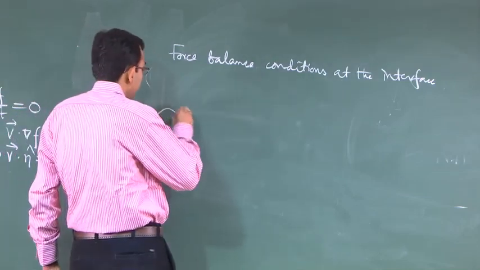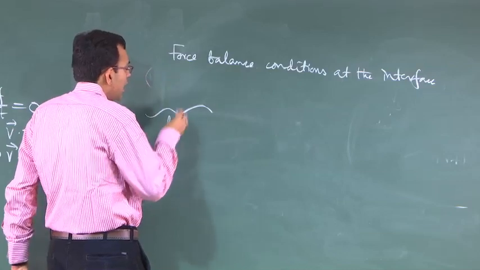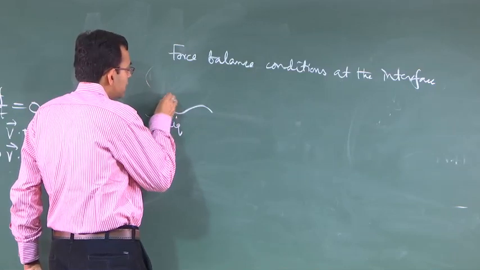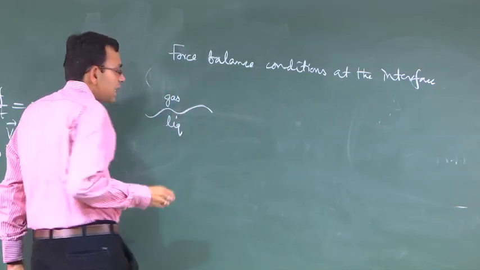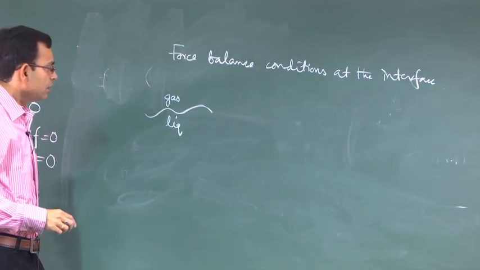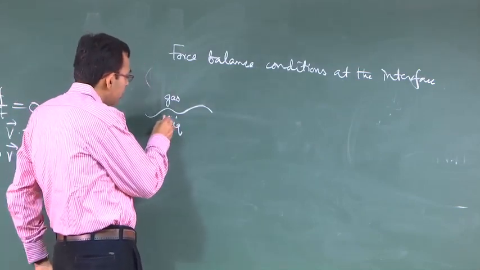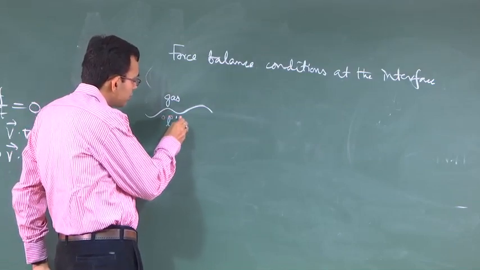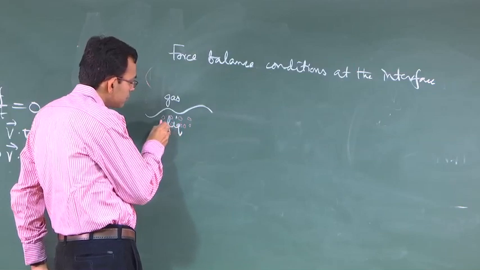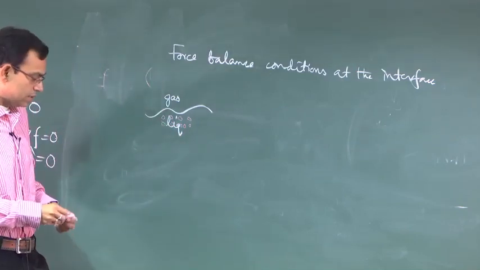Let us say there is an interface, there is a liquid and there is a gas phase, which can itself be a vapor. Now, on the liquid side you have molecules, and these molecules will be very densely packed.